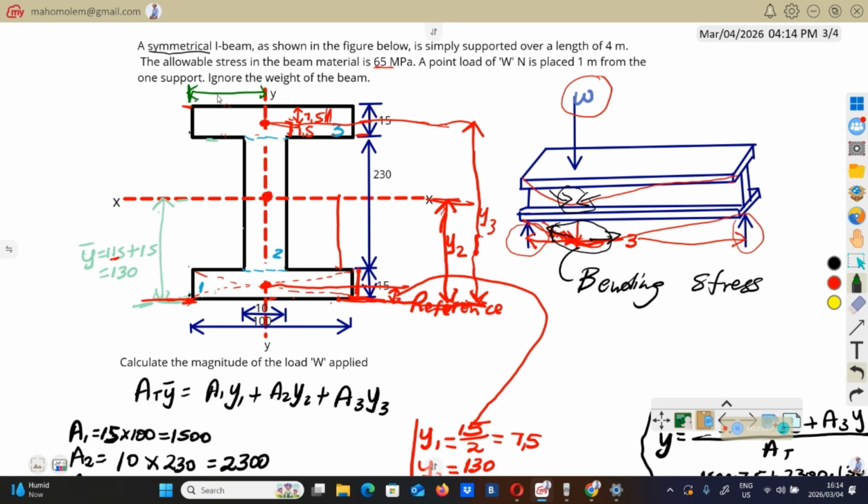So the distance from here to there will be the x bar, which is going to be the centroid. The center of this composite I shape will be here, where these two lines meet. You consider this portion divided by 2, you will have a line here.